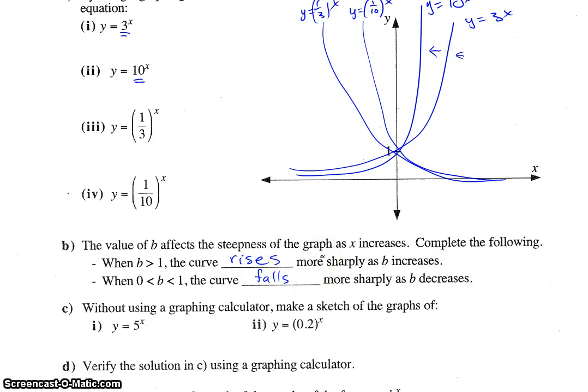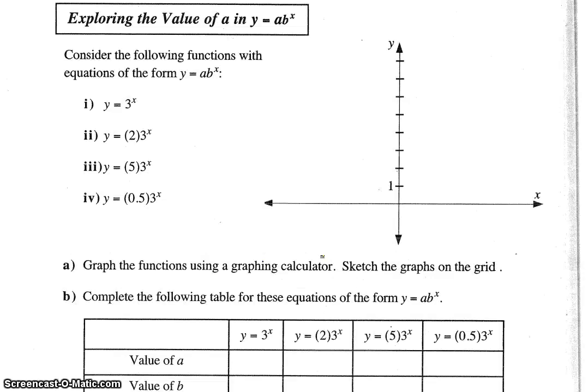All right, so I think that's all we're going to do on this page. Let's take a look at the next one. Again, this page would be good to do, but because we're a little short on time, I'm going to kind of gloss over it. This exploration is looking at what the value of a does to the graph. Well, in essence, a is really your y-intercept.